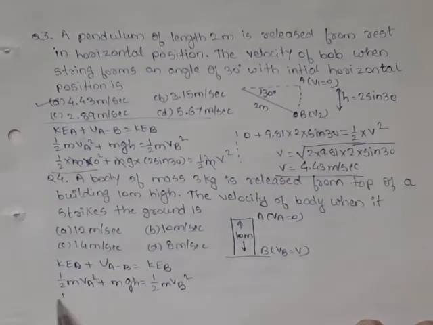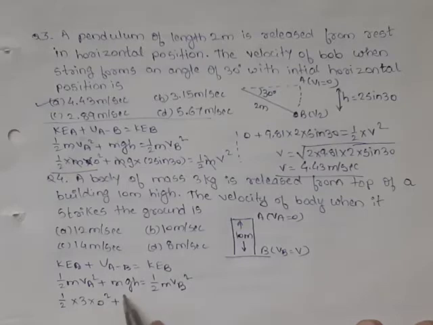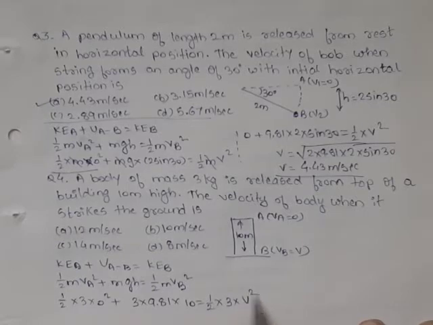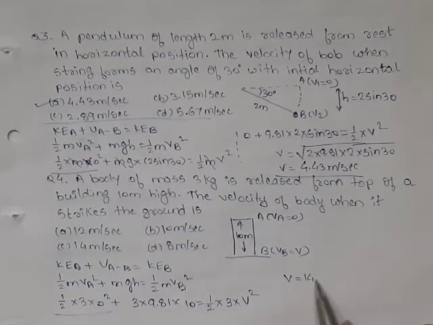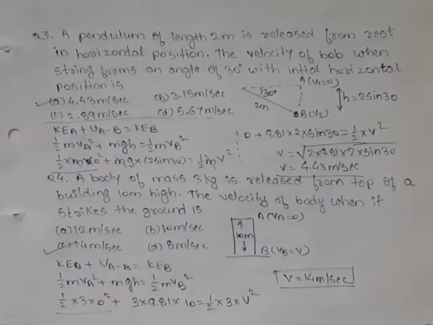So 1/2 into mass 3 into VA, taken as 0, square, plus mass 3 into g equal to 9.81 into height 10 meters, equals 1/2 into mass 3 into V square. The first value is 0. Finally simplifying, we get V equal to 14 meter per second, which is the velocity when the body strikes the ground. So from the four options, option C is correct, velocity is 14 meter per second.